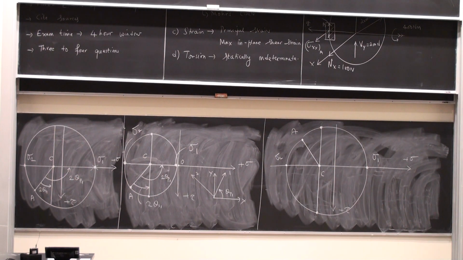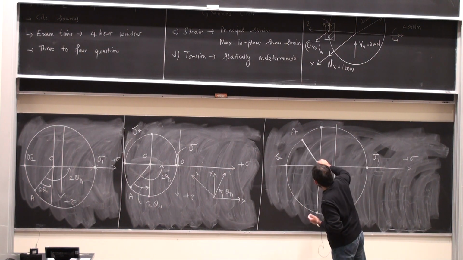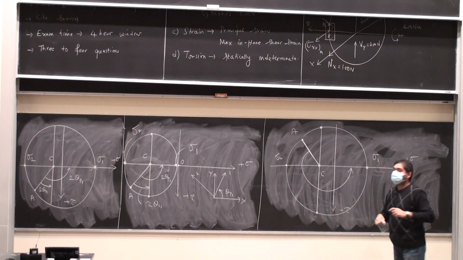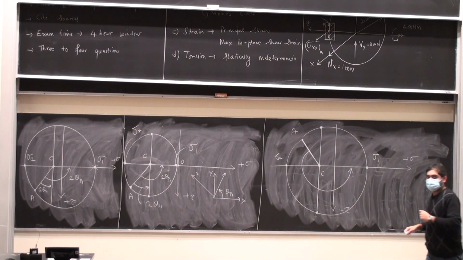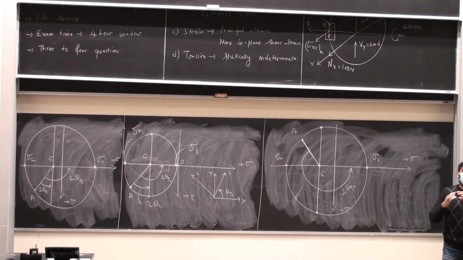Now, if I have to calculate 2 theta P1, what do I do? From the reference line, all the way here is my 2 theta P. Which, if I reduce to theta P1, is going to be an angle greater than 90 degrees. Right?